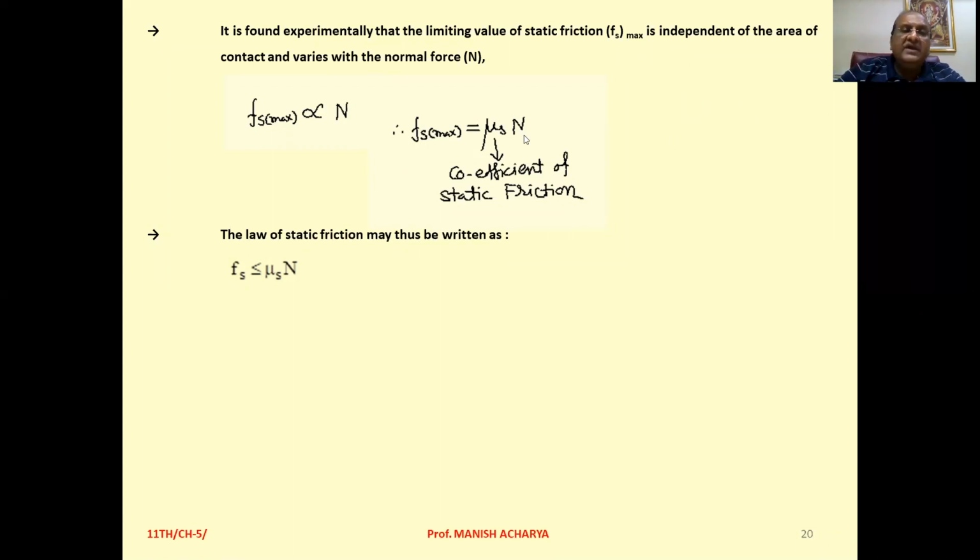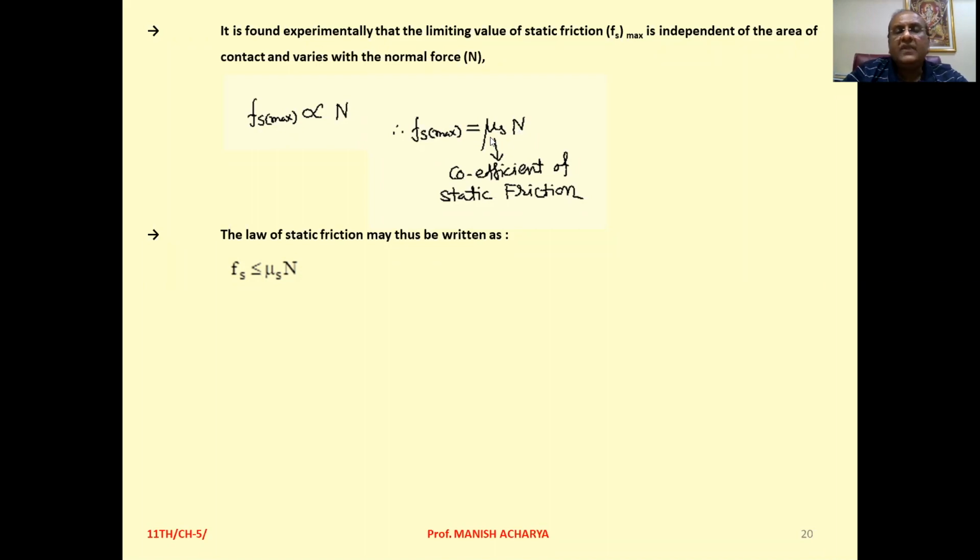So Fs maximum is proportional to the normal reaction. Here we have to introduce one proportionality constant. So we can write Fs maximum equals mu s into N, where mu s is called the coefficient of static friction, which depends on the type of surfaces as well as temperature.